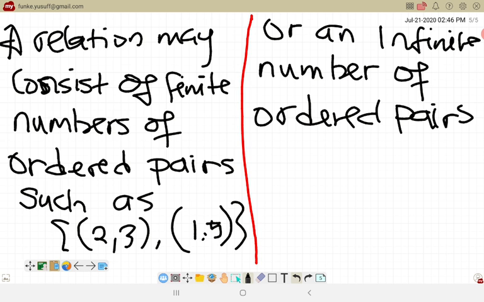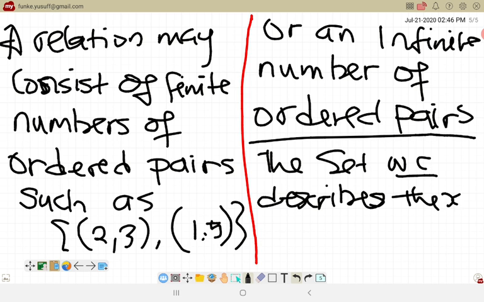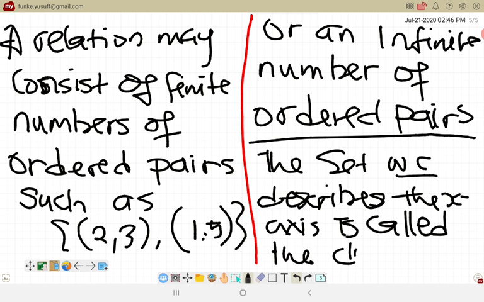In a relation, the set which describes the x-axis is called the domain. Are you following?